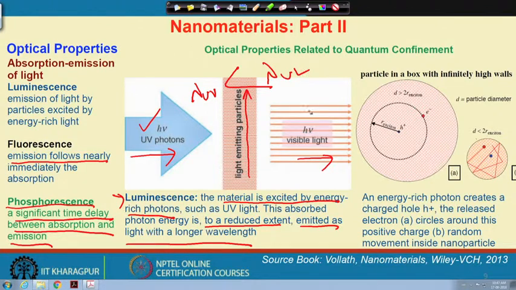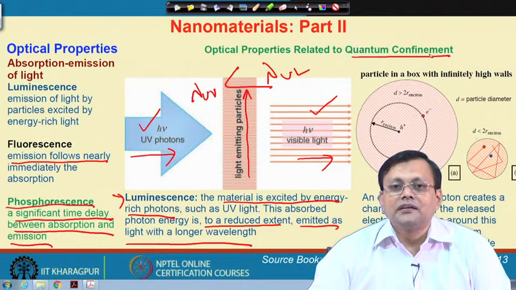Okay, so the energy of the visible light is less, and this occurs because of quantum confinement, and how the effect is linked with nanoparticle size, that we are going to discuss. So, this quantum confinement is simply explained like a particle in a box.